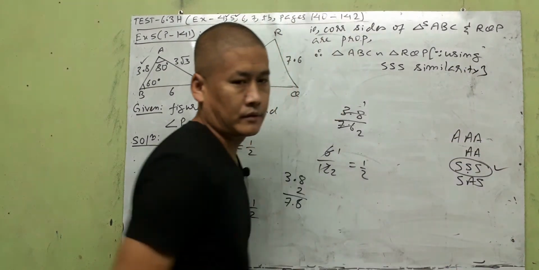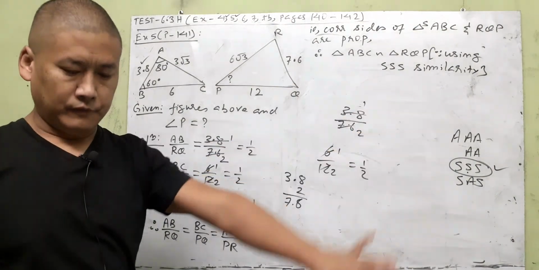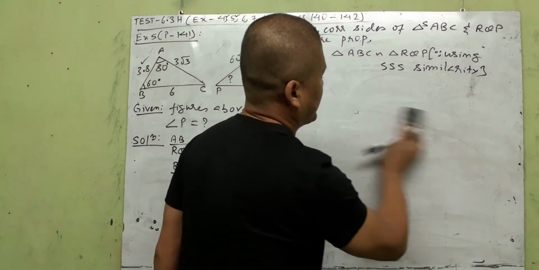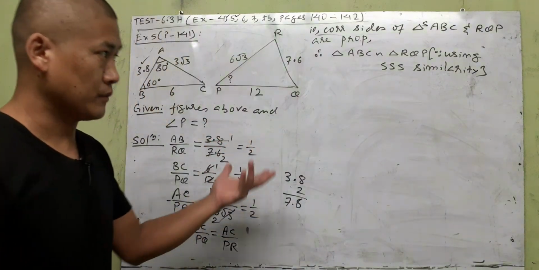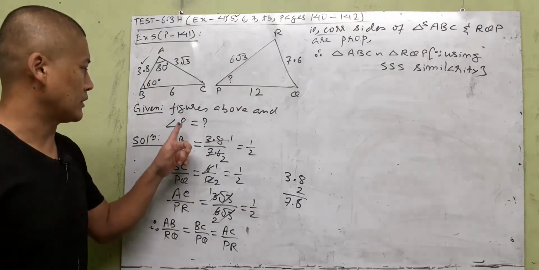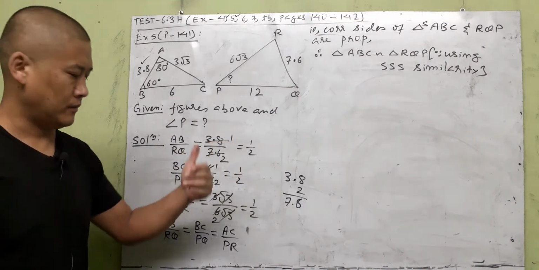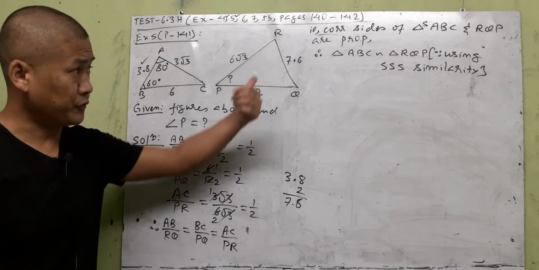So we're using this, right? Now we know that if the triangles are similar, then corresponding angles will become equal. They're asking for angles, so I'm saying that. The second thing, corresponding sides are proportional, but we don't need that. We use that to prove.